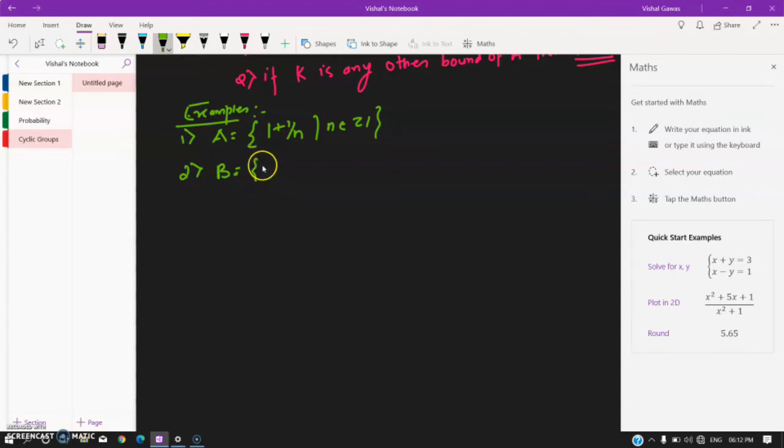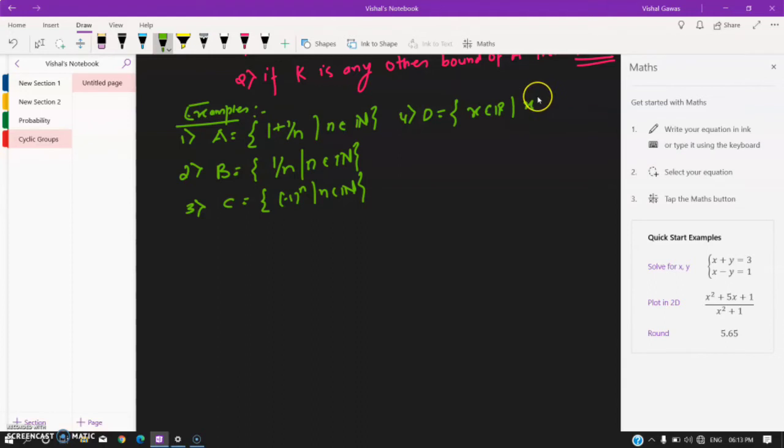B, let me take 1 by n, such that n belongs to N. Then C, I'll take n, n in N. Set of all minus 1 raised to n, n in N. Then the fourth one, P, I take the set of all x in R such that x square minus x minus 6 is less than 0.